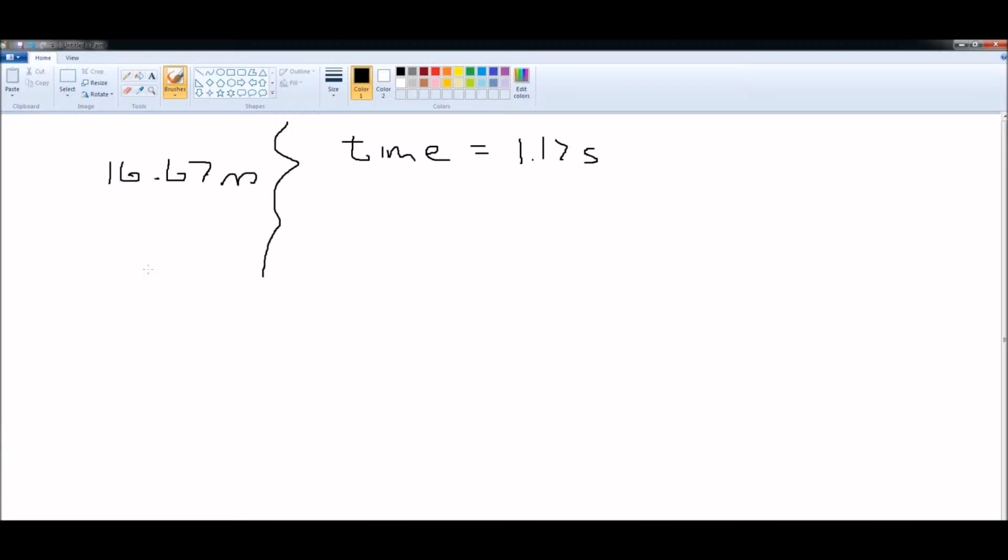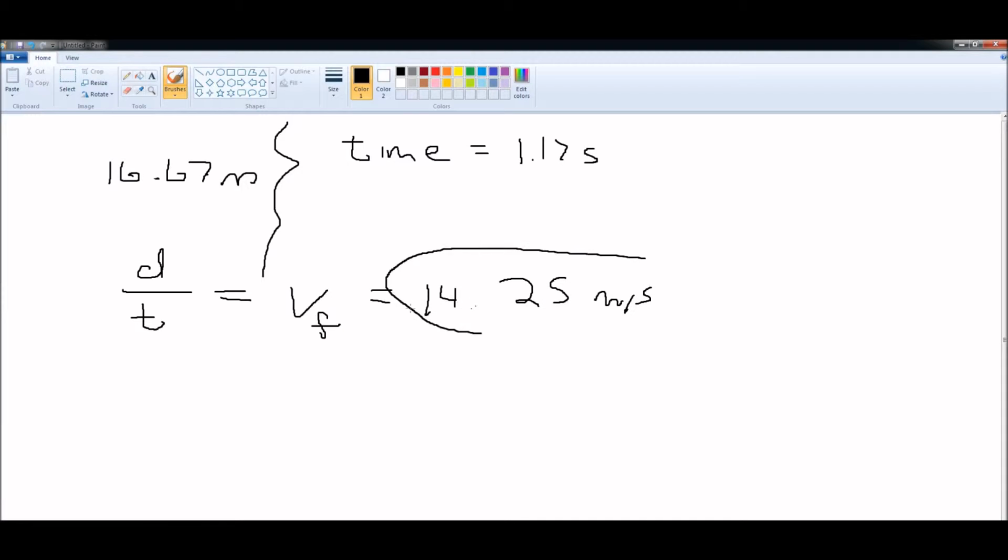If we divide the distance by the time, we will get the final velocity. So 16.67 divided by 1.17 is going to give us 14.25 meters per second.